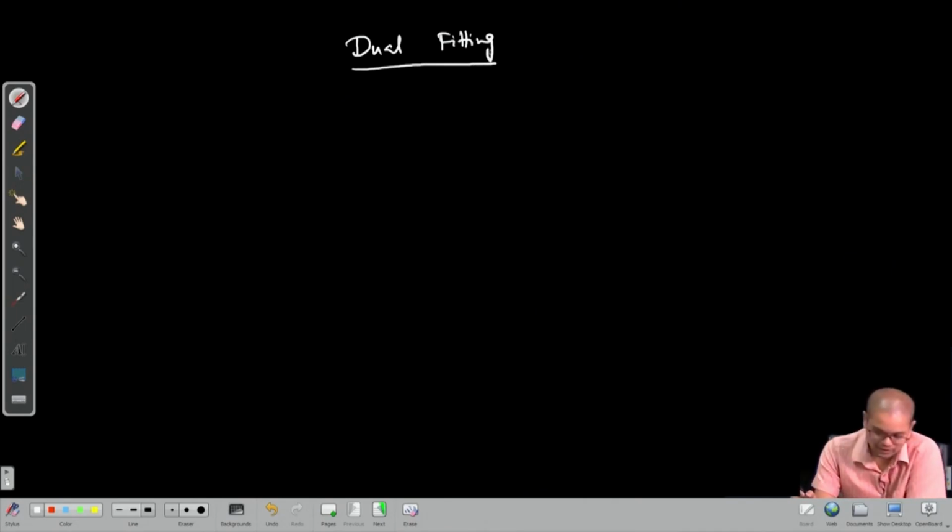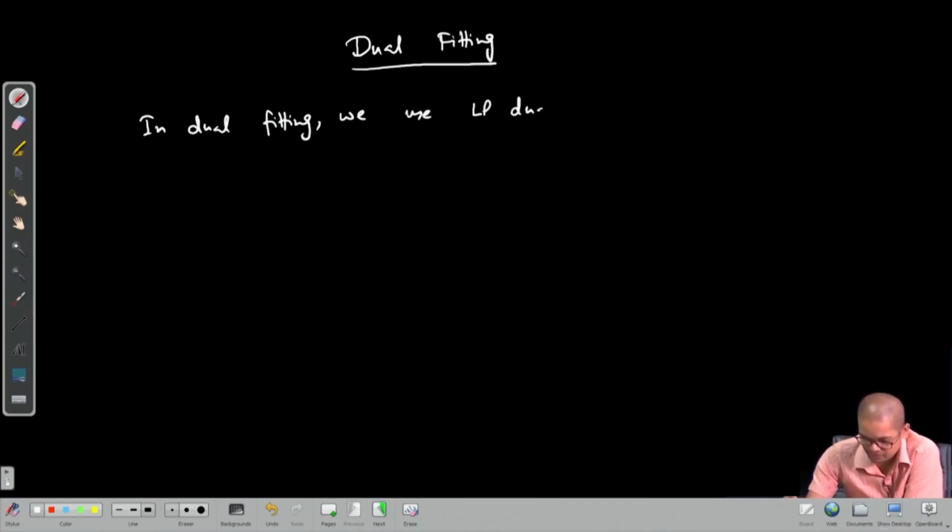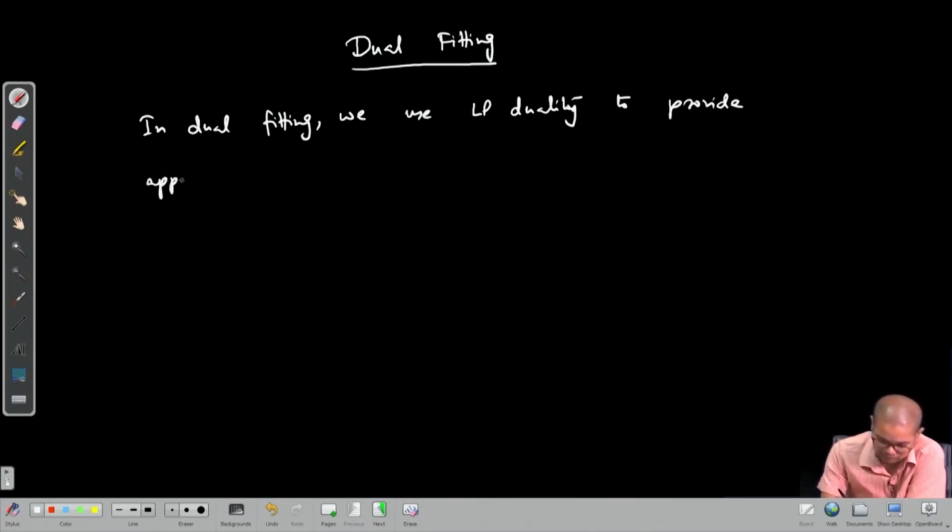So what is the idea of dual fitting? In dual fitting we use LP duality to provide an approximation guarantee of a combinatorial algorithm.